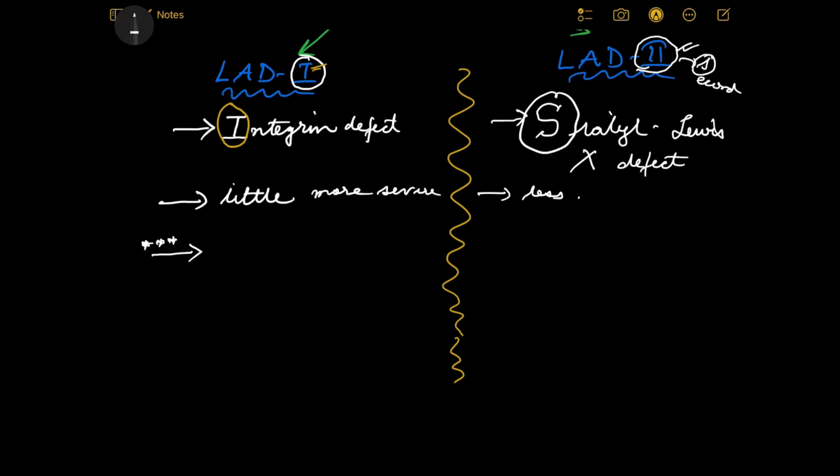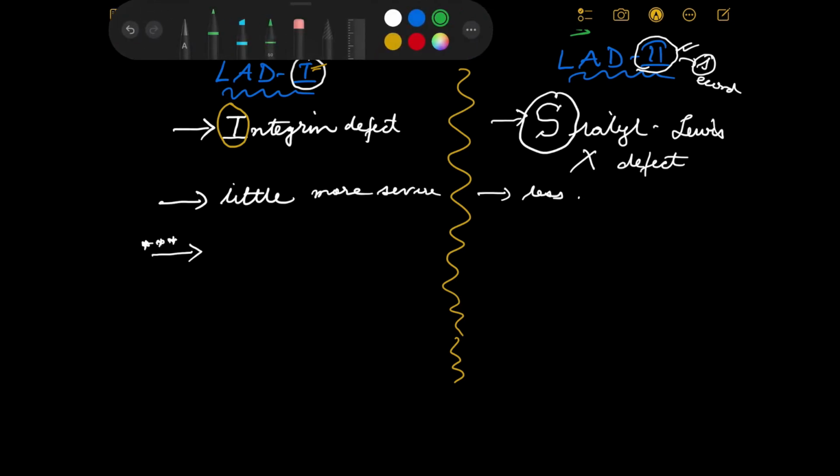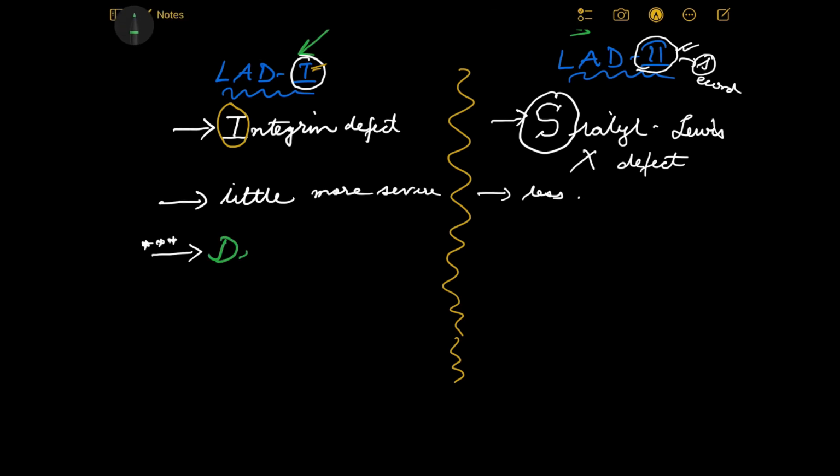In LAD1, it has often been seen that the mother describes that during childbirth, if the child has LAD1, there is delayed separation of the umbilical cord.